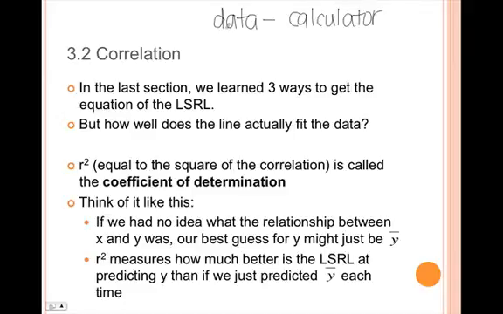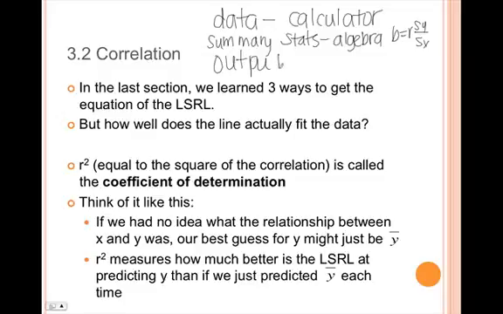If we were given summary statistics, we used algebra. Remember the b equals r times sy over sx guy? And if we were given the computer output, we just read it right off the computer output.